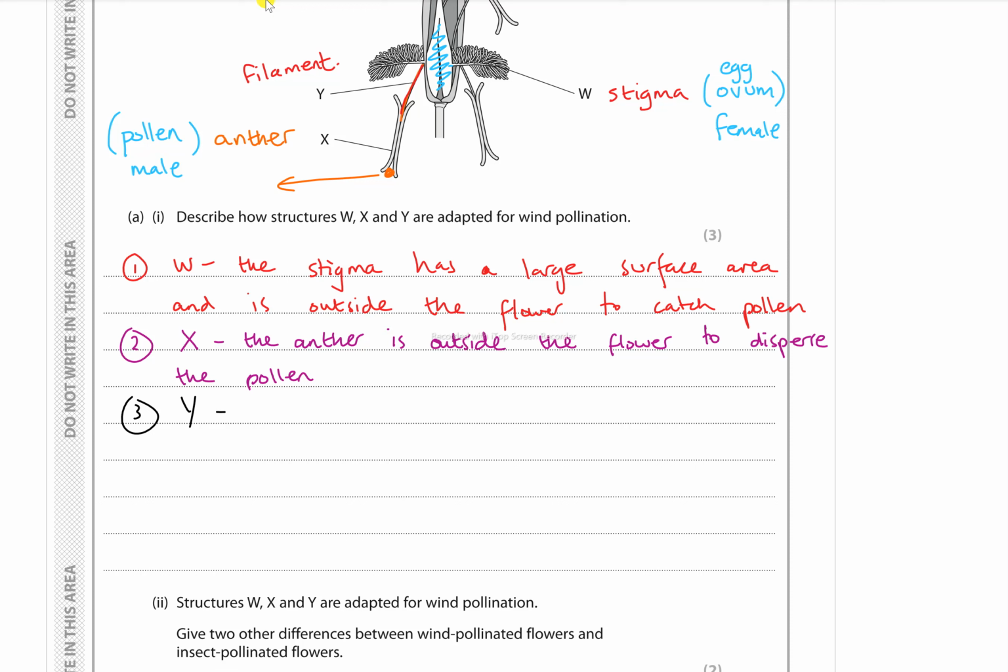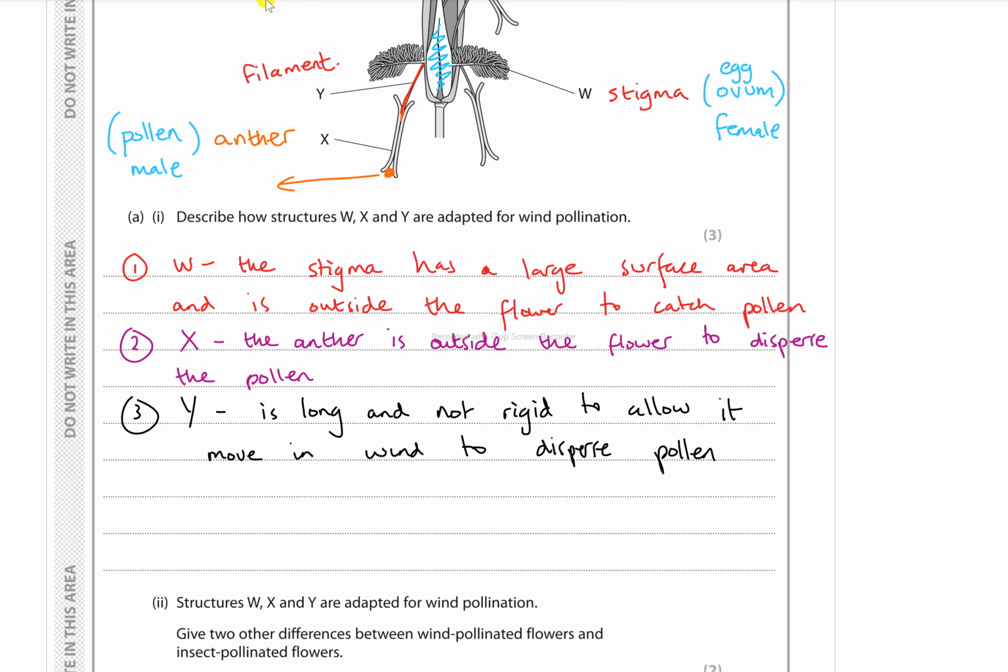So the filament is long and I won't use the word floppy, I would say not rigid, to allow it to move in the wind to disperse pollen.